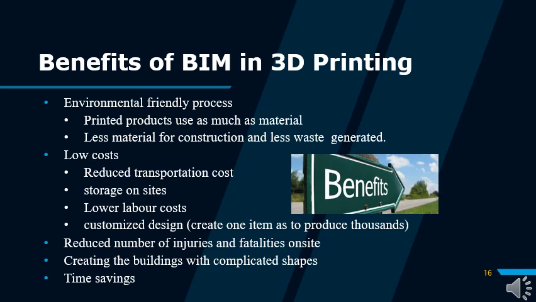It also helps reduce the cost of material transportation and storage on sites. The cost of customized design could also be lower because it costs the same to create one item as to produce thousands. Reduction of injuries and fatalities on site is also a benefit of 3D printing.